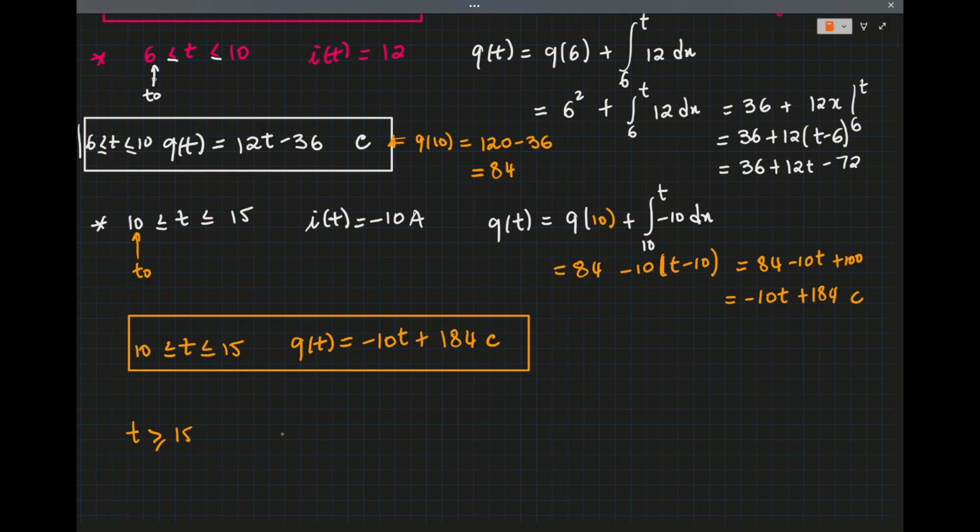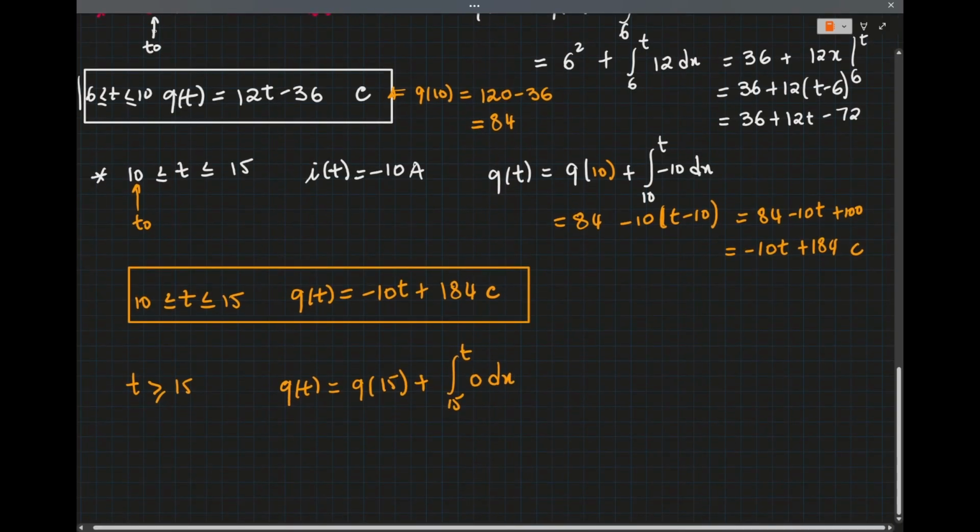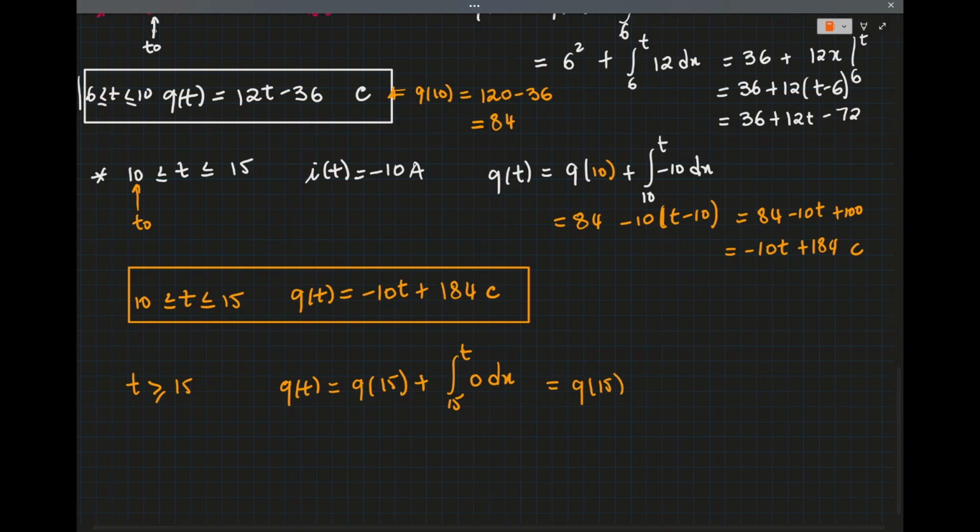So we have Q of t equal to Q of 15 plus the integral from 15 to t of 0 dx, because the current is 0 there. So that gives me Q of 15, and Q of 15 is equal to negative 10 times 15 plus 184.